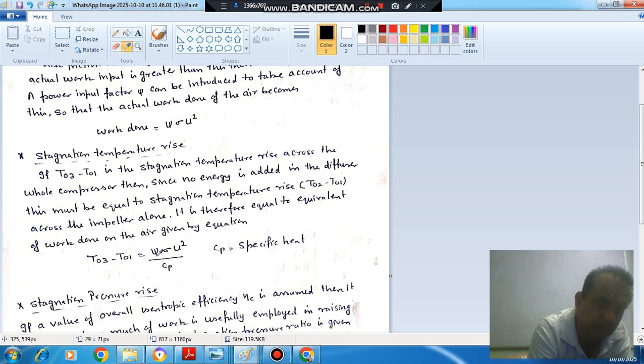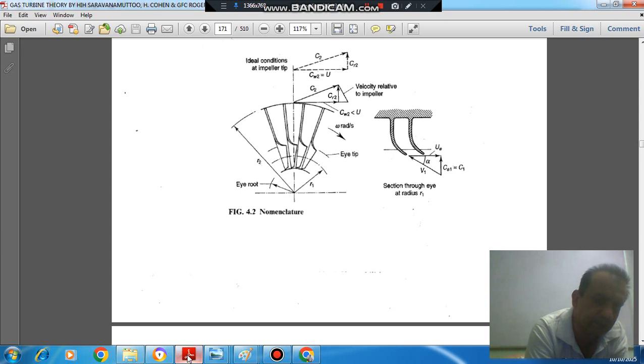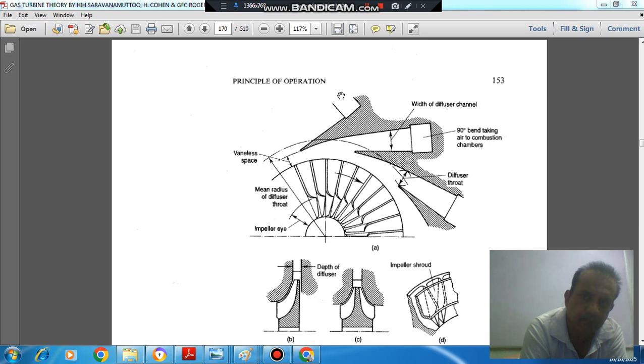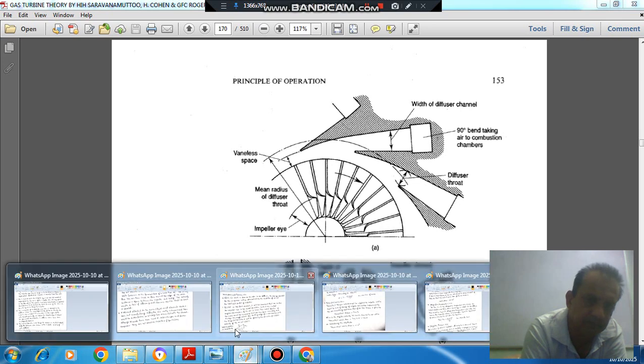This is one form of energy, and Cp times the temperature rise, here T naught 3 minus T naught 1. We have taken 3 because we are taking condition 1 at inlet of impeller, 2 at outlet of impeller, and 3 at exit of diffuser. So that's why we have taken temperature rise as T03 minus T01.